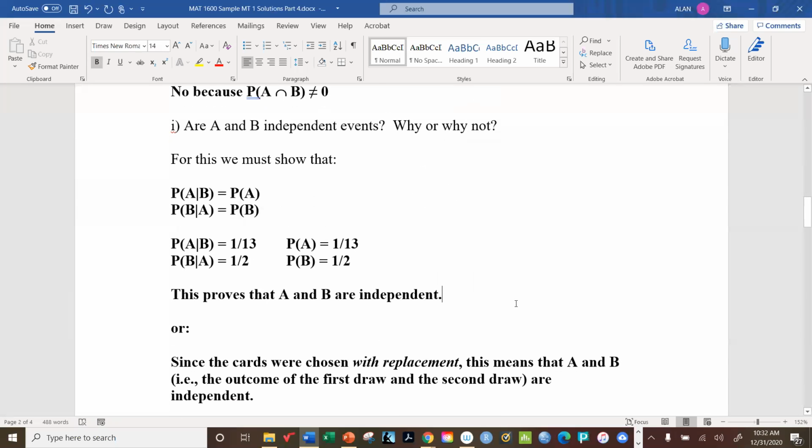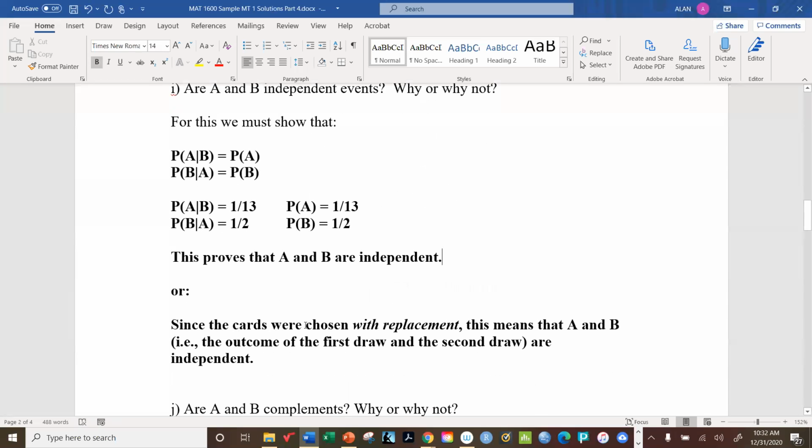The other option is to simply point out that these cards were chosen with replacement, which means that A and B must be independent because they refer to what happens on the first two draws. So here's the English version, here's the math version. Either one works in this case.